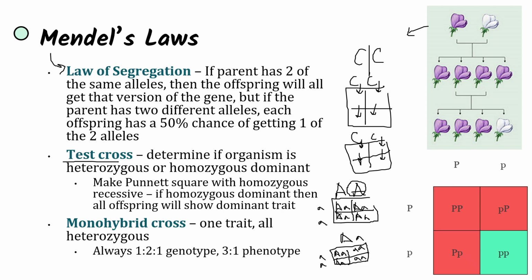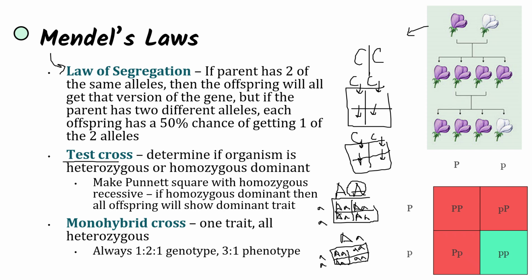And when you're crossing a single trait, that's just called a monohybrid cross. Generally, when you cross a homozygous dominant and homozygous recessive organism, all the time what happens is you're going to get heterozygous offspring.